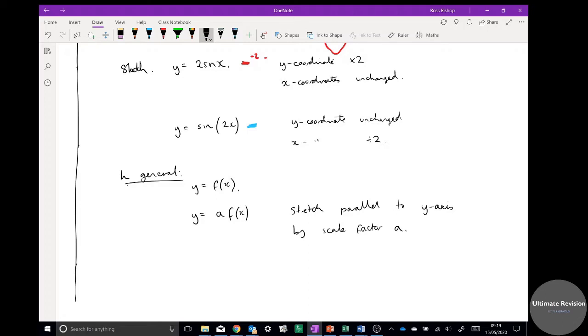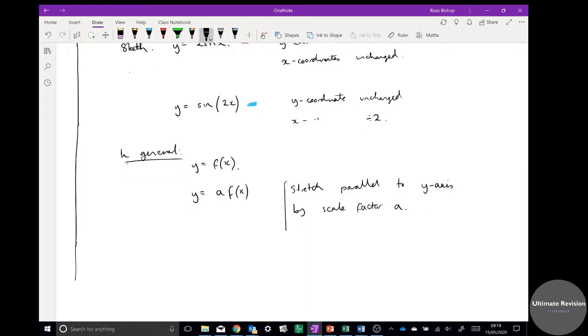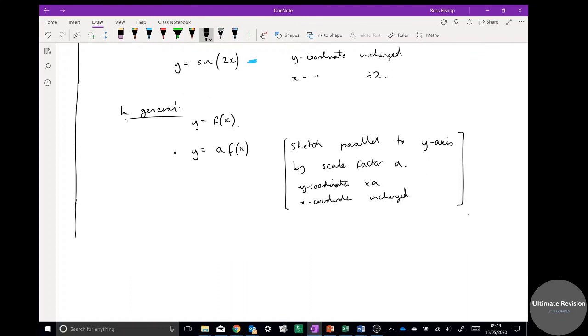Okay, that's what that will mean. In reality, what this will actually mean is the y coordinates you times by a and the x coordinates are unchanged, if you were looking at specific coordinates. So that's the first case.